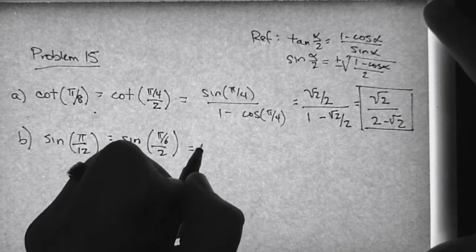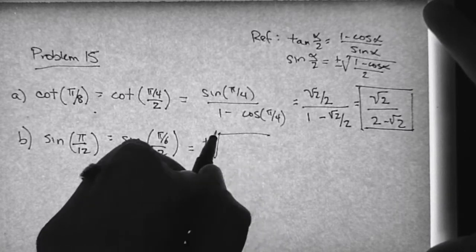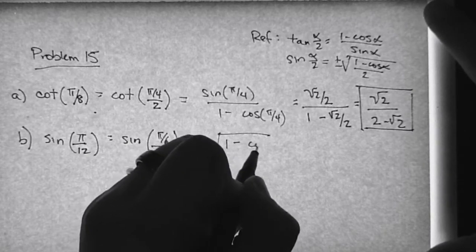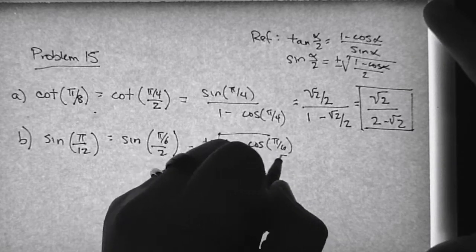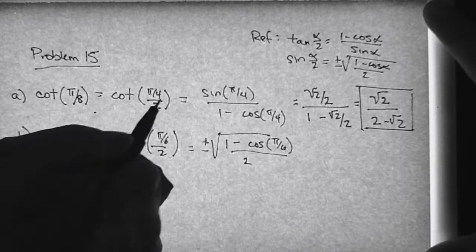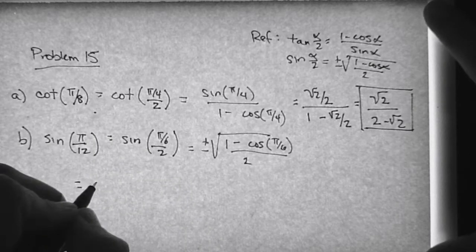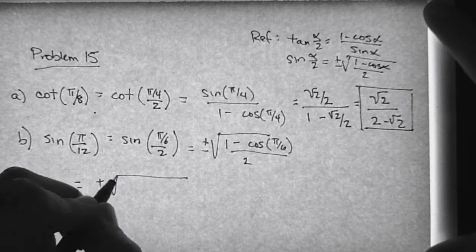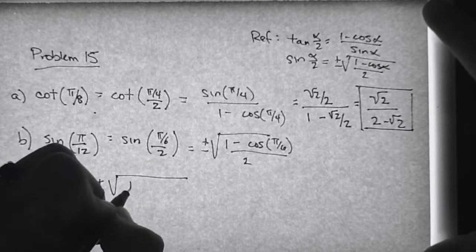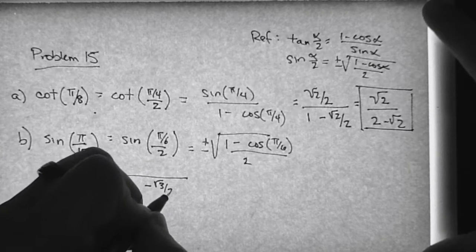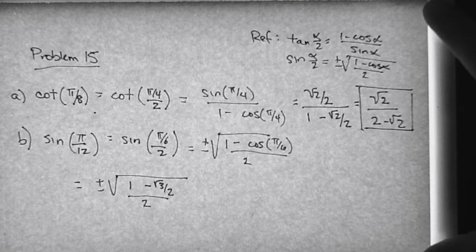So this is plus or minus the square root of 1 minus cosine pi over 6 over 2. So that's plus or minus the square root of 1 minus the square root of 3 over 2 over 2.